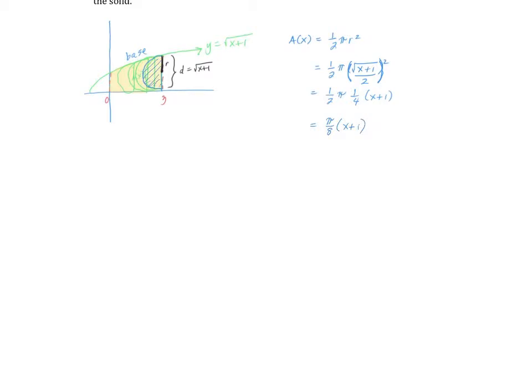I'm going to add up all these cross sections to create a volume. And then my volume becomes the integral from 0 to 3 of pi over 8 times x plus 1 dx.